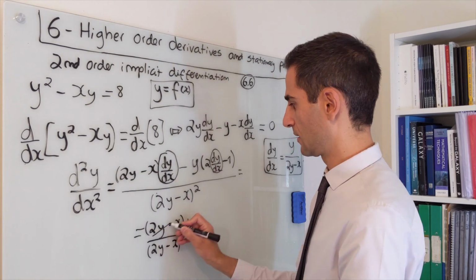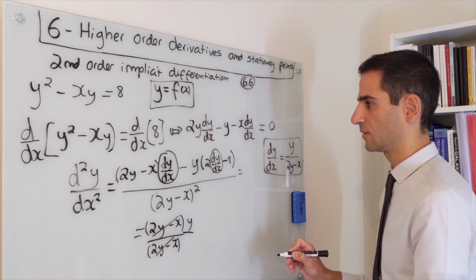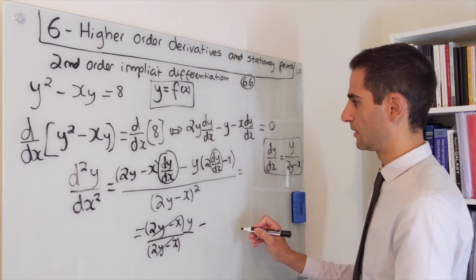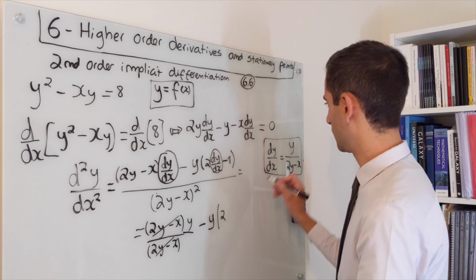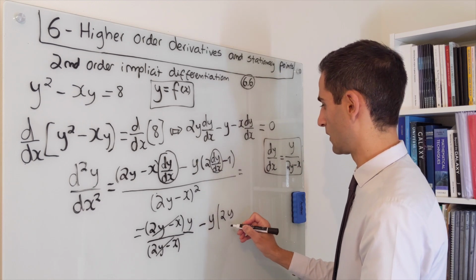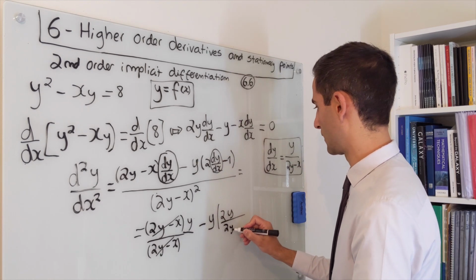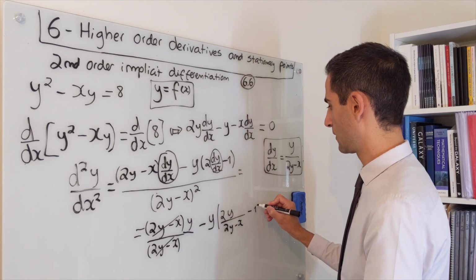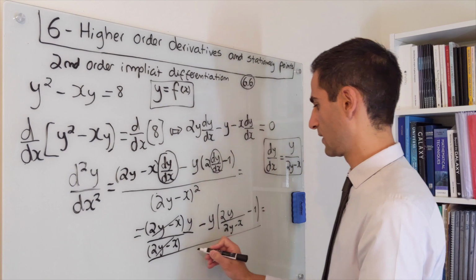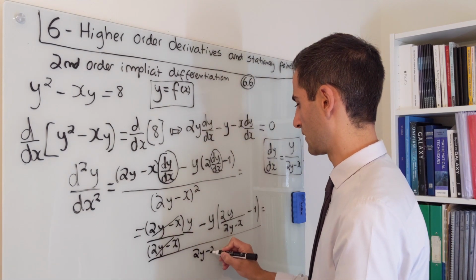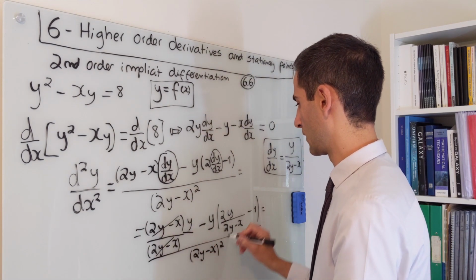It means this term will cancel, and on this side we have y times 2y over 2y minus x minus 1, and we're dividing everything by 2y minus x squared.